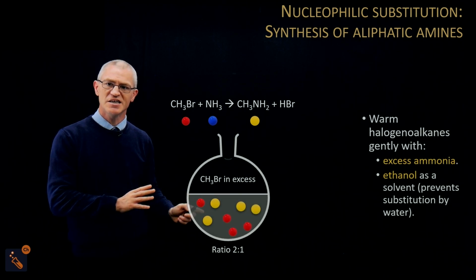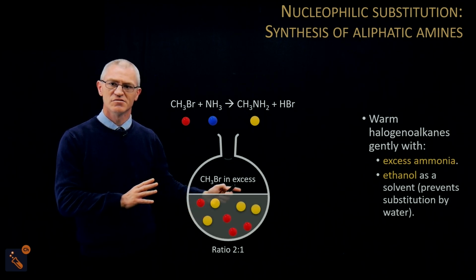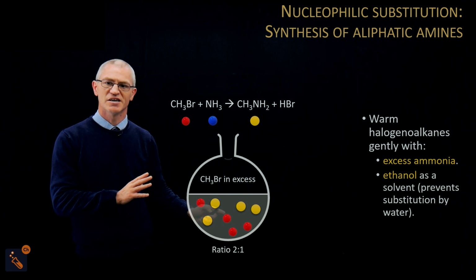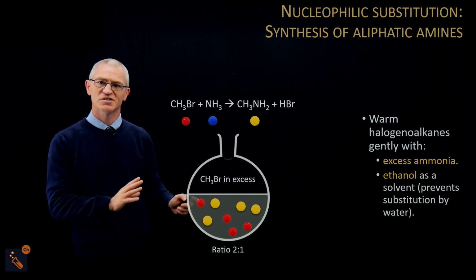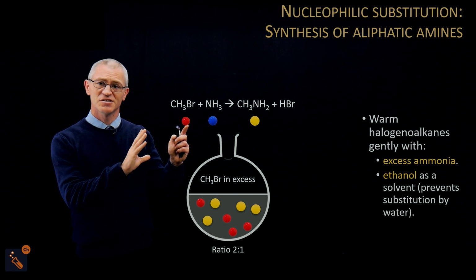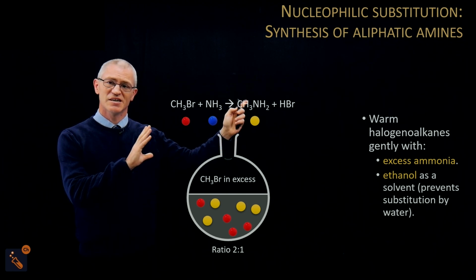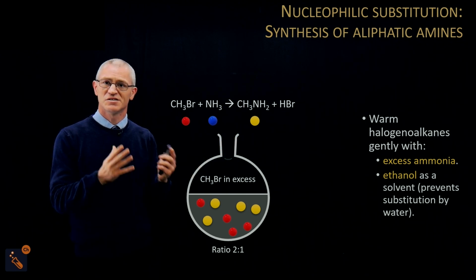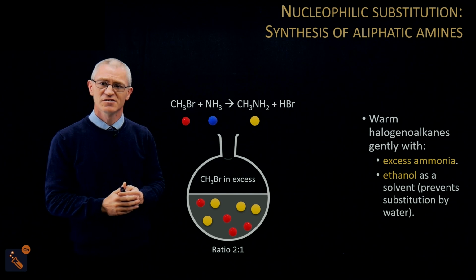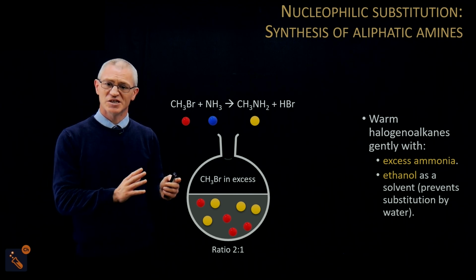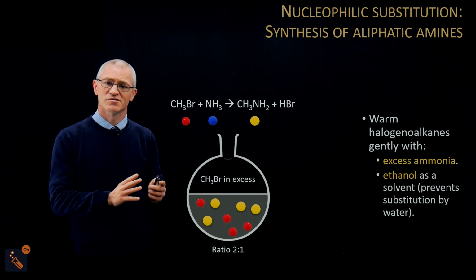Now, the amine is the yellow, and then our halogenoalkane is the red. Now, I told you in the previous slide that the halogenoalkane can still react with the amine because the amine still has a lone pair of electrons on it, so still acts in terms of nucleophilic substitution. So that means I will get a mixture of products, okay?